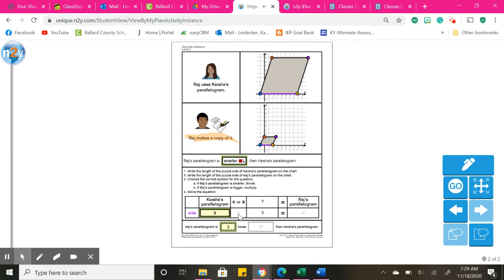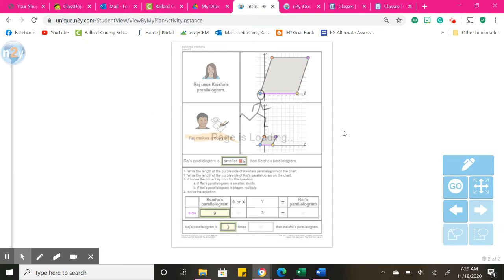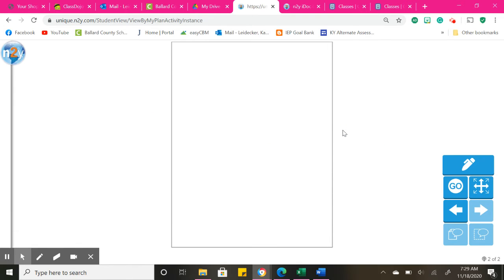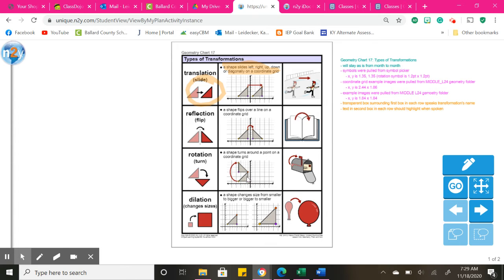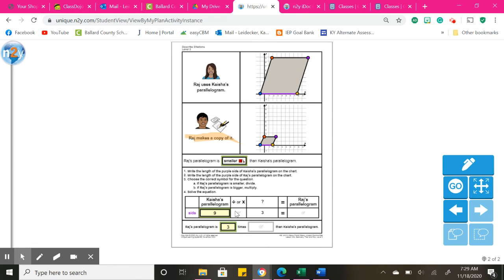Okay, and to solve the equation for a parallelogram, it says choose the correct symbol for the question. So if we're trying to find a parallelogram, I'm going to go back to our notes here. I believe it's divide. Divided by.